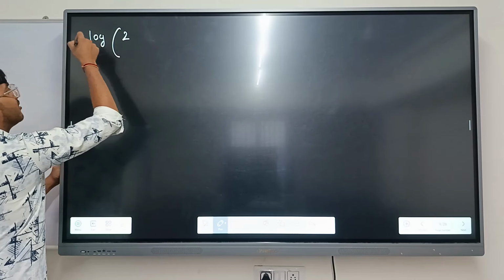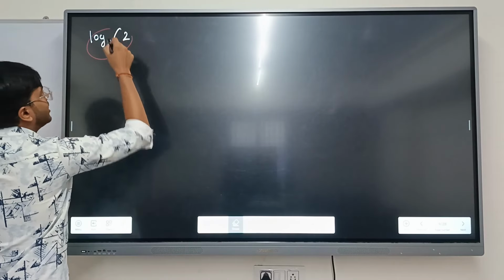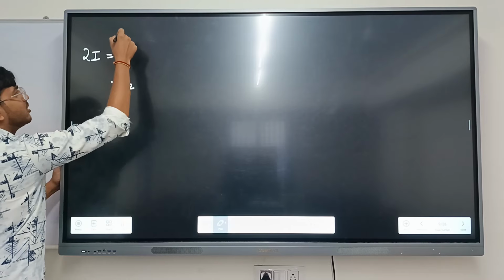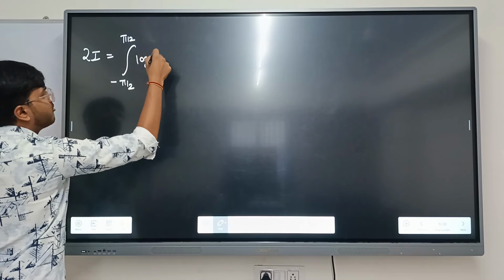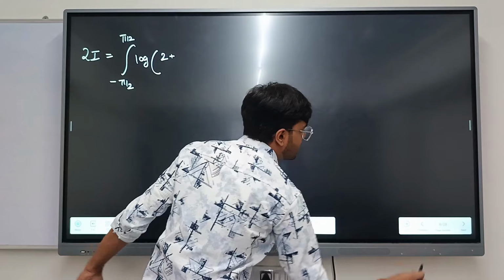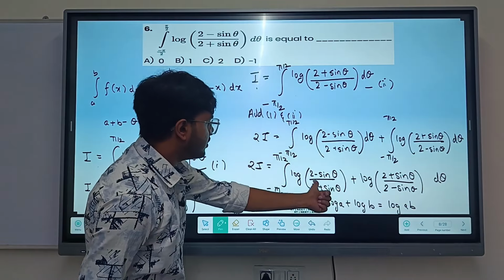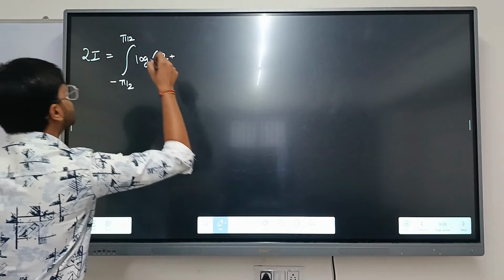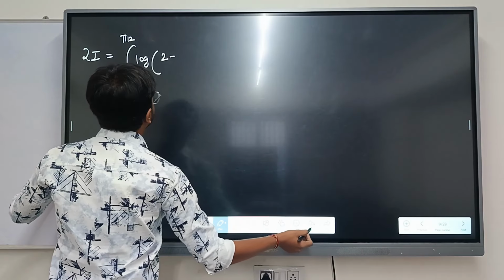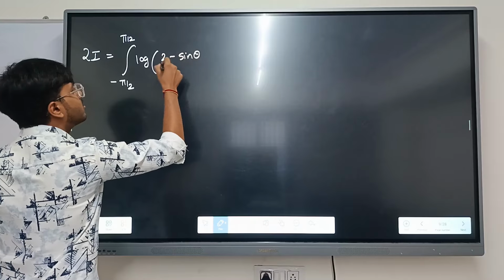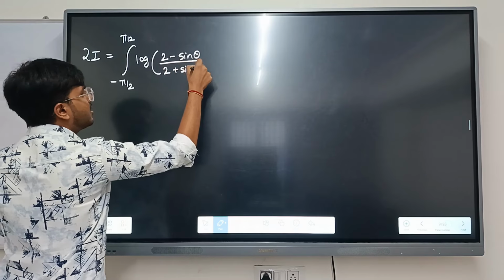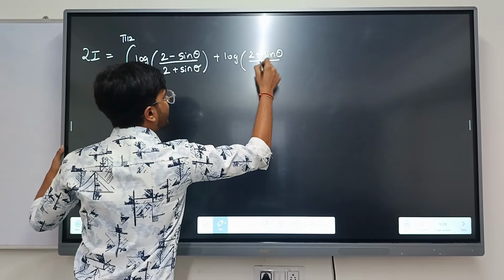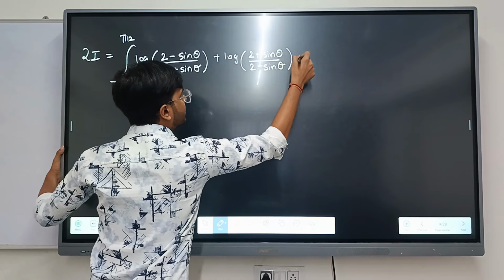Let's move to where we left off. The last step was 2i equal to integral from minus pi by 2 to pi by 2 of log of (2 minus sine theta) by (2 plus sine theta) plus log of (2 plus sine theta) by (2 minus sine theta) into d theta.